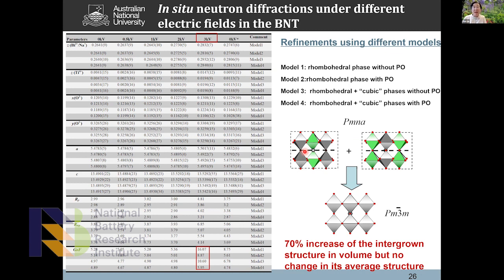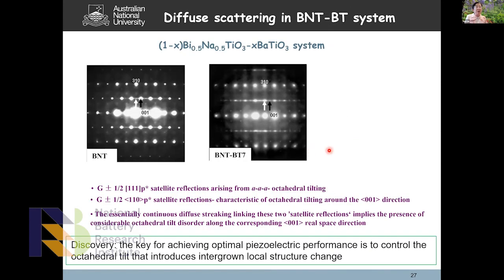And then we look at the systems, because you're using the chemical way, adding more barium titanate to try to switch the phase in the boundary region. We found, you can see here, that's the end member BNT, and you have added more BT in the morphotropic phase boundary. You can see this satellite diffraction is actually much stronger than half 111.